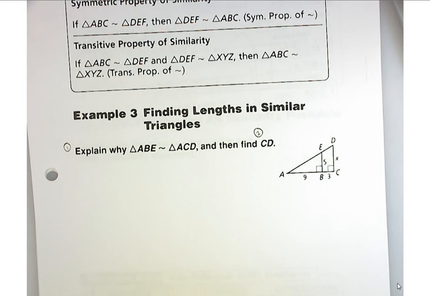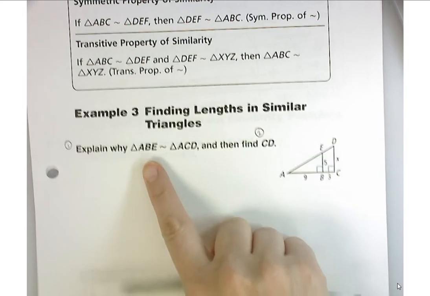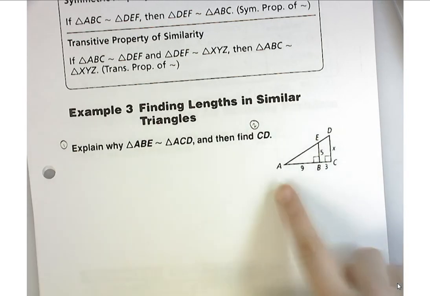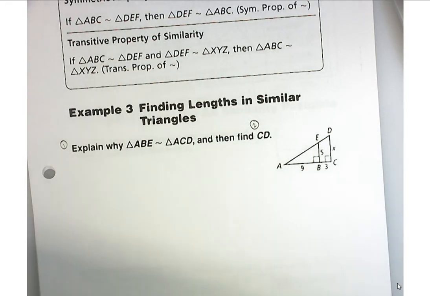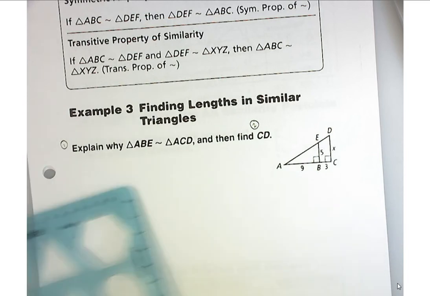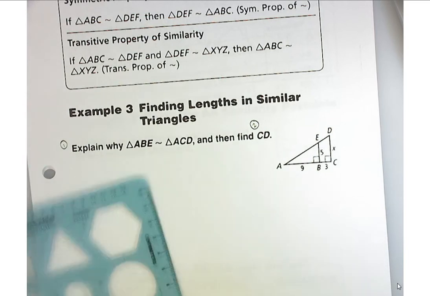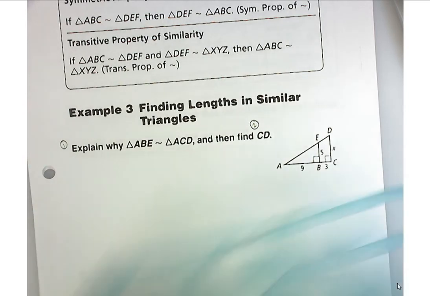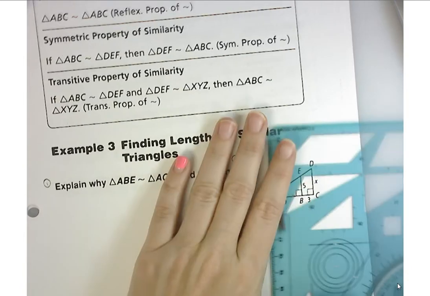Okay, now let's look at the two triangles that they give us. They give us ABD and ACD. Sometimes it helps to draw them out separately, and in fact that's what I'm going to do, is draw them out so that I have those two triangles and I can look at them separately. Okay, so here's my bigger triangle.